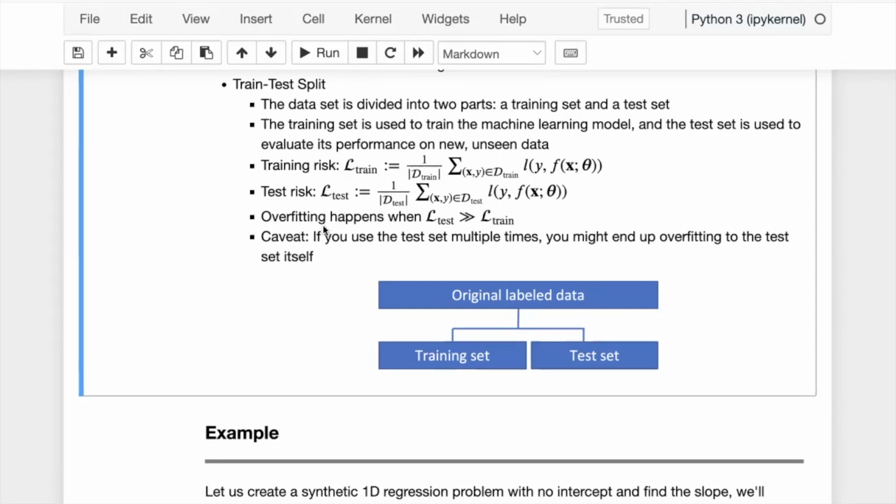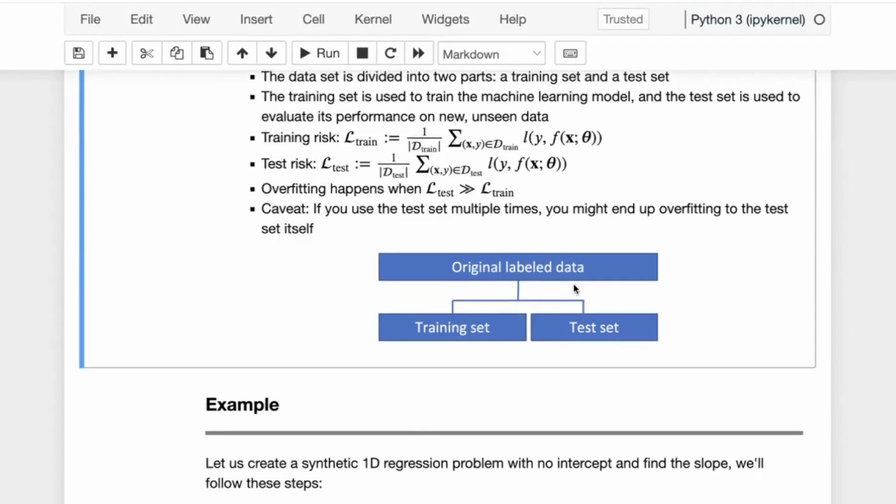Overfitting happens when the test risk is much greater than the training risk, which is not desirable. So overall, once you find this L train and L test, you want to make sure that they're comparable. And if for some reason the L test is much greater than L train, then we know that we have a model that is overfitting and not generalizing well to new or unseen data points.